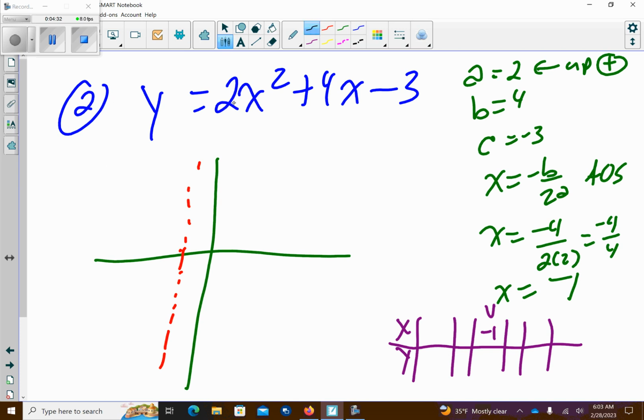So I'm going to take negative 1 and plug it in to our x values. Negative 1 squared is positive 1. Positive 1 times 2 is 2. Minus 4 minus 3. So 2 minus 4 is negative 2. Minus 3 is negative 5. So our vertex lives at negative 1, negative 5, which is down here.